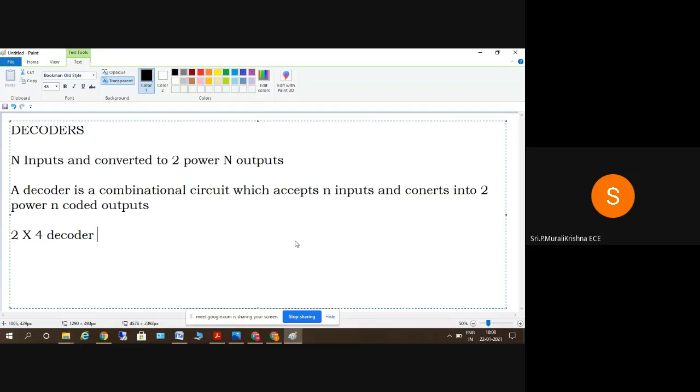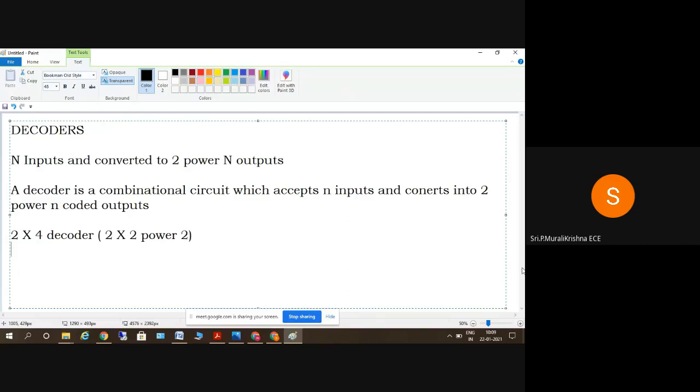Here 2 is n, so n into 2 power n, which is 2 into 2 power 2, where n is equal to 2. So it is a 2 to 4 decoder.